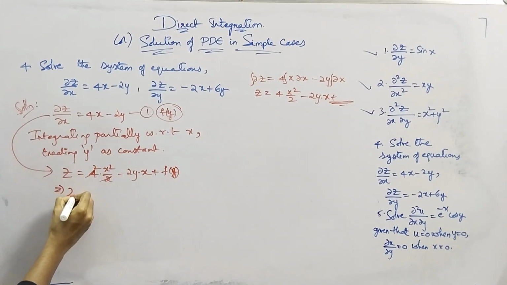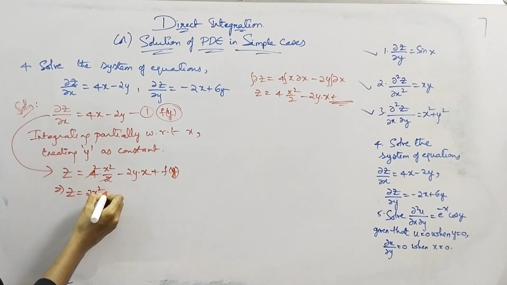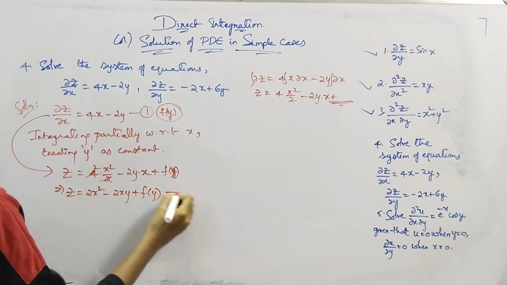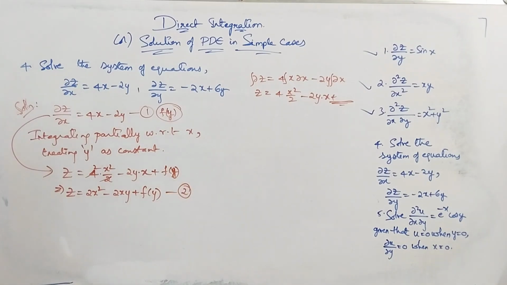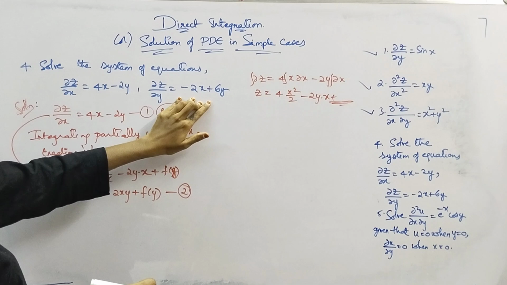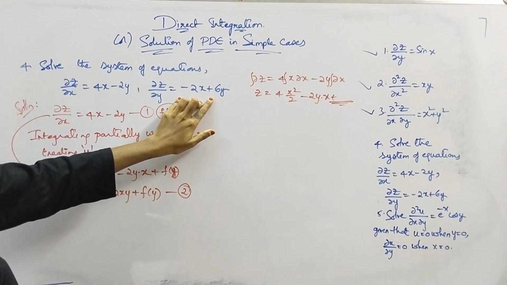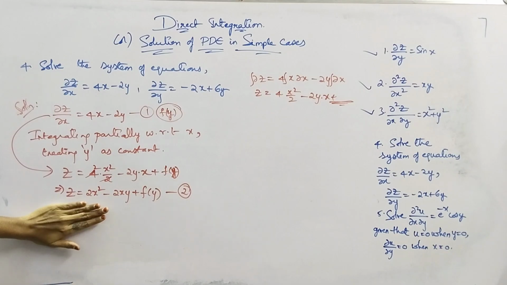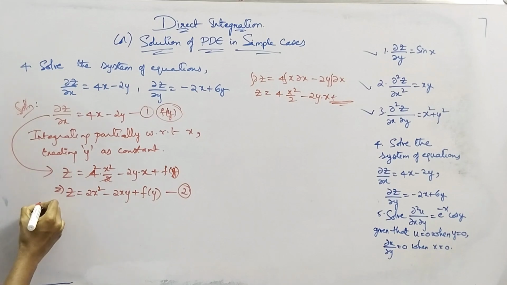Now we got z equal to 2x square minus 2xy plus f of y. Consider as equation number 2. Also here we have another equation which is dou z by dou y equal to minus 2x plus 6y, right? Let's see what we are going to get by partially differentiating it with respect to y.